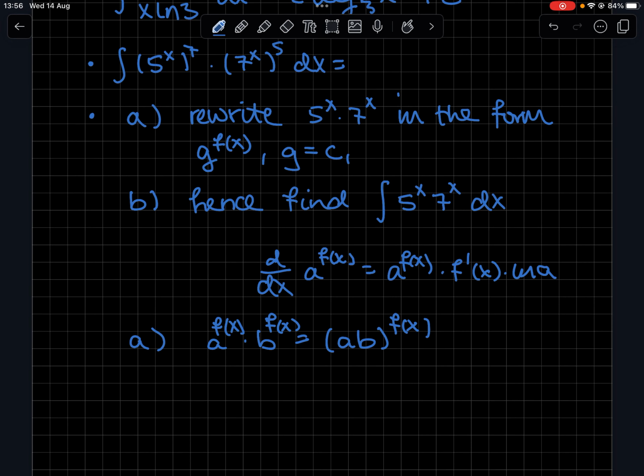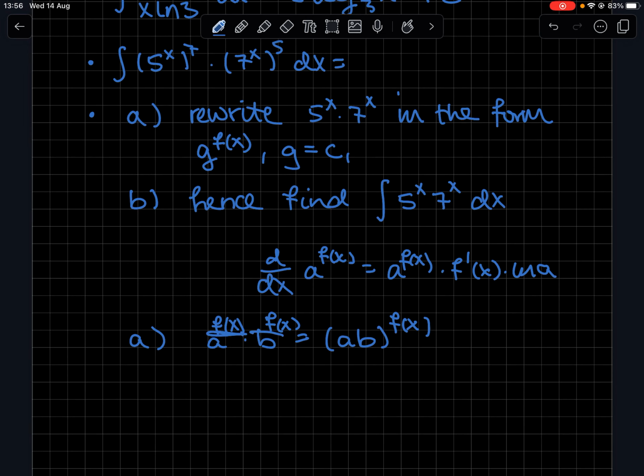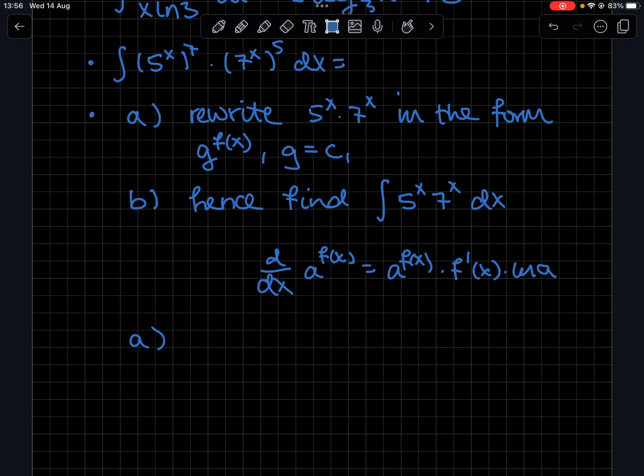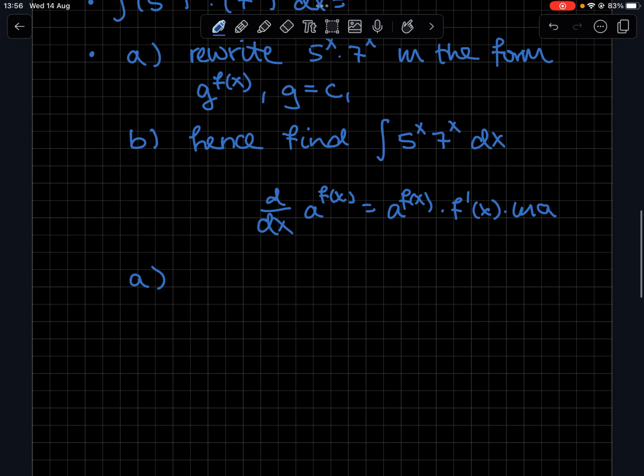But what we have to do before that is to get our common functions over here. So, that's one option, or we can get a common base.